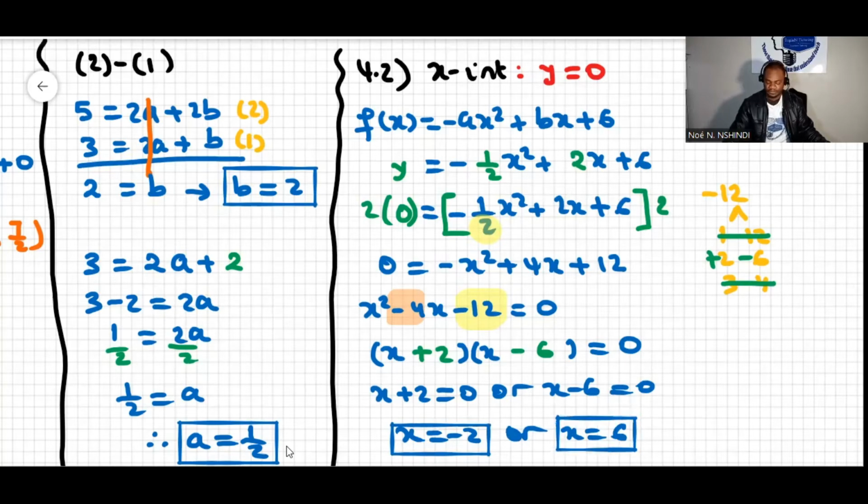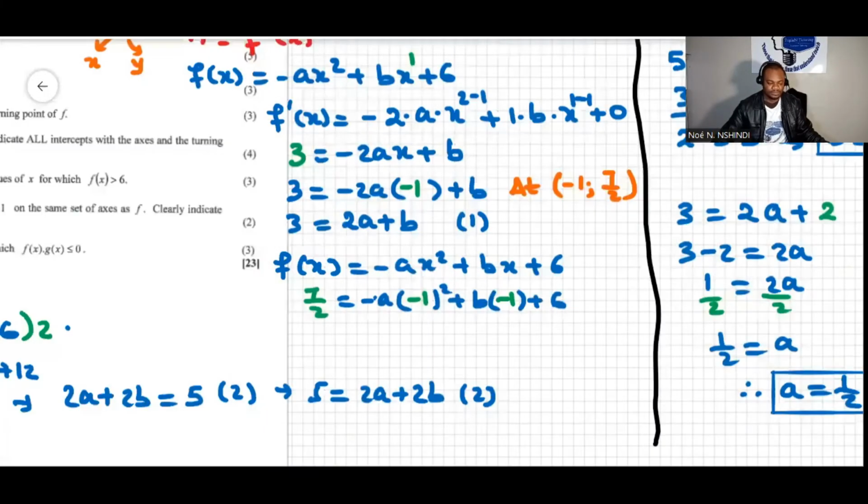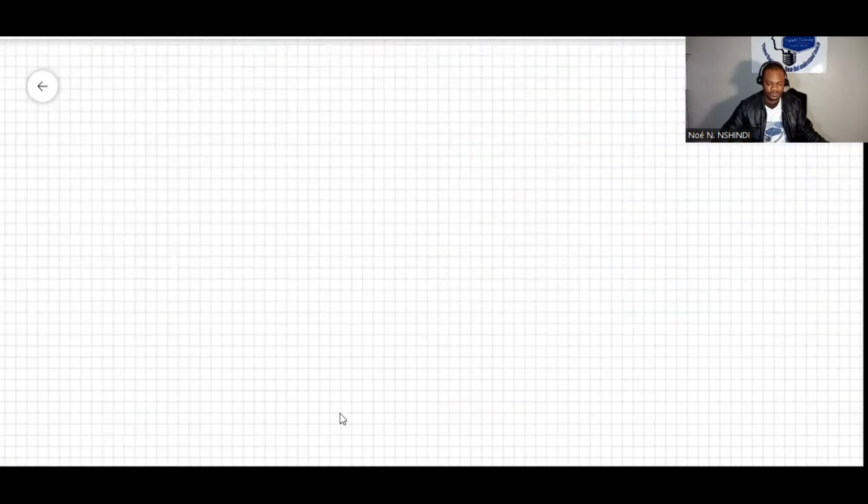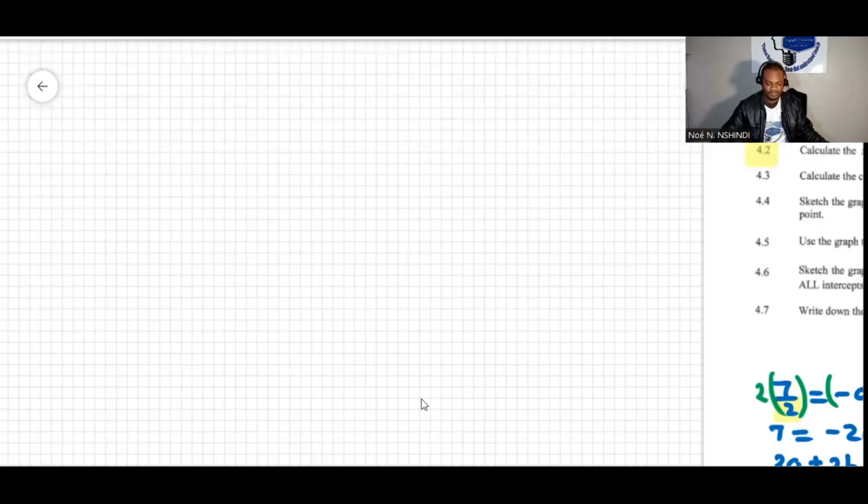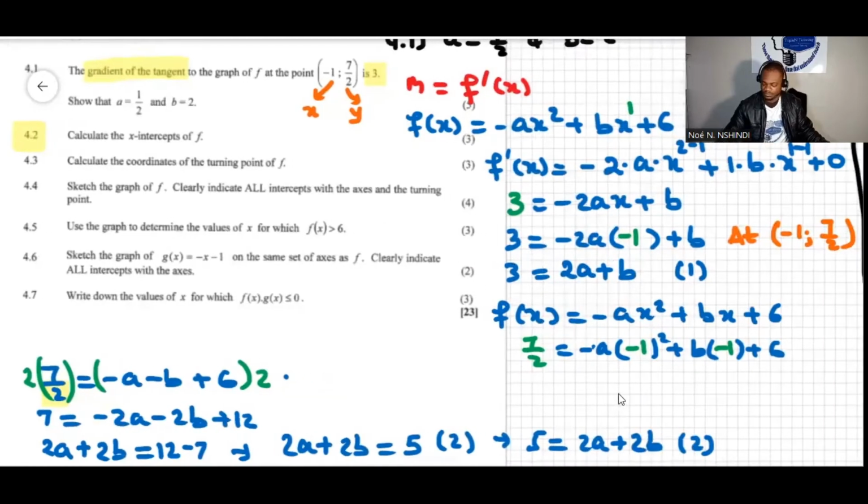So that's question 4.2. And the following question must be question 4.3. I'm just going to move it here on my board. Question 4.3 says, calculate the coordinates of the turning points of f.